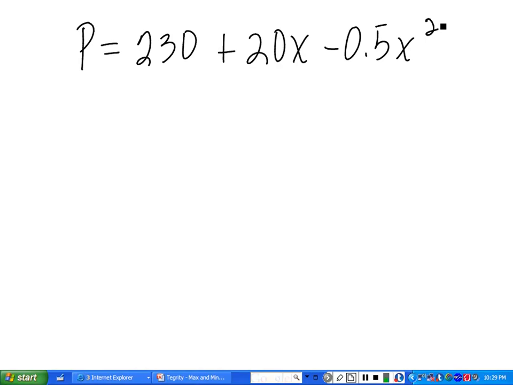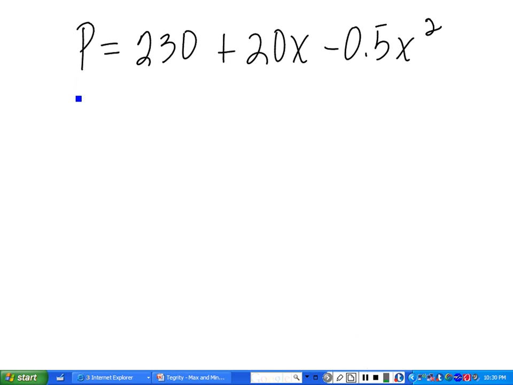Now notice that in this formula the equation is not written in descending order. So they have it backwards. So it would probably be best if you would rearrange the terms so that it will be easier for you to see what a, b, and c are.